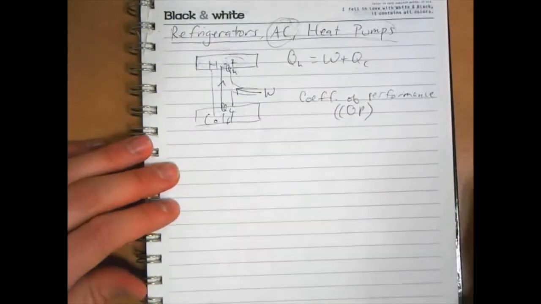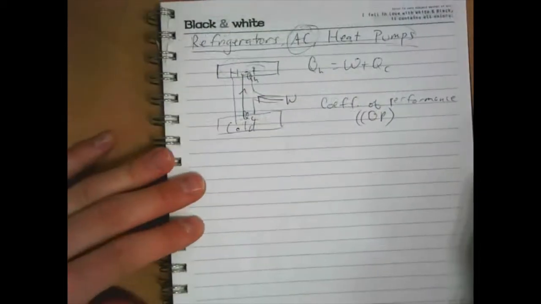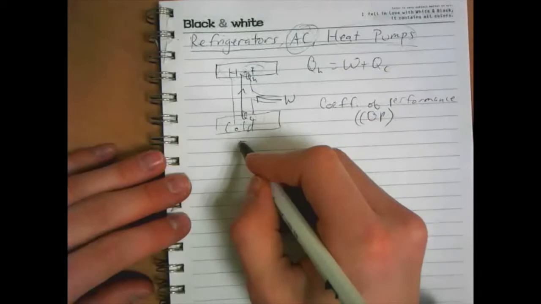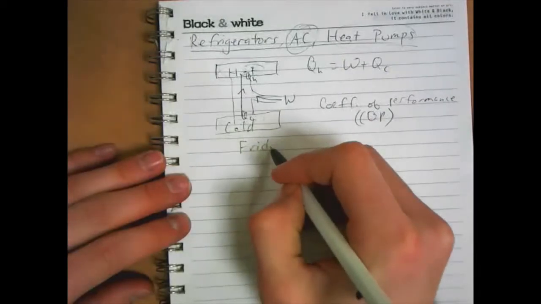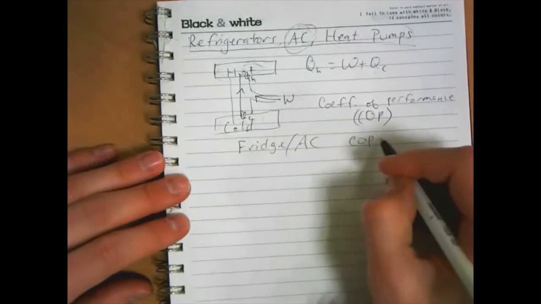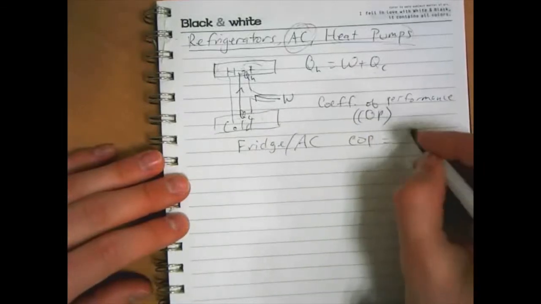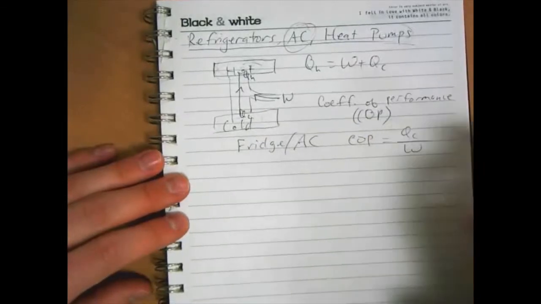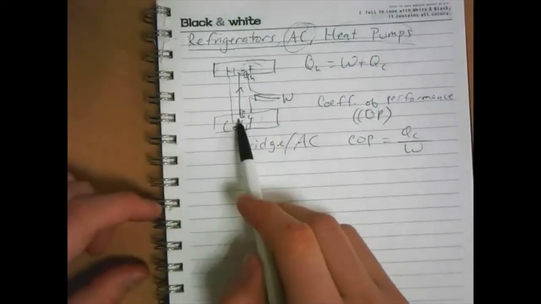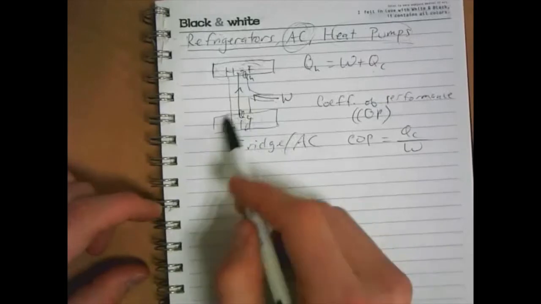That's not a policeman. It's the coefficient of performance. For a fridge or the AC, the coefficient of performance is equal to Q cold over work. It's how much heat you're taking out of the cold reservoir, because that's what's important.